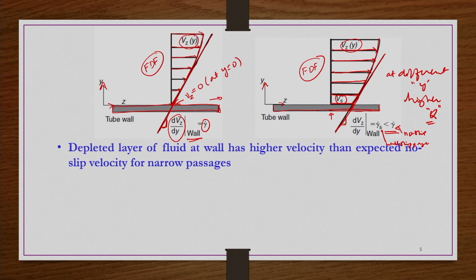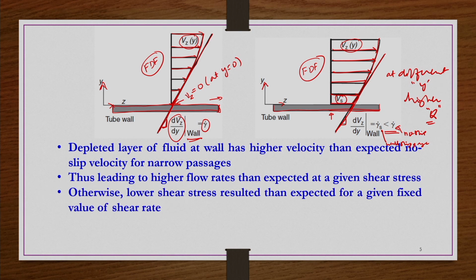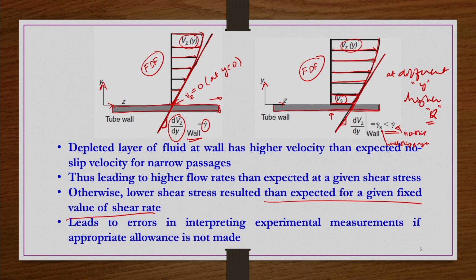Okay. So, the depleted layer of fluid at the wall has higher velocity than the expected no slip velocity for narrow passages, thus leading to higher flow rates than expected at a given shear stress, or otherwise lower shear stress than expected for a given value of the shear rate. Okay. So, this leads to errors in interpreting experimental results if appropriate allowance is not made.